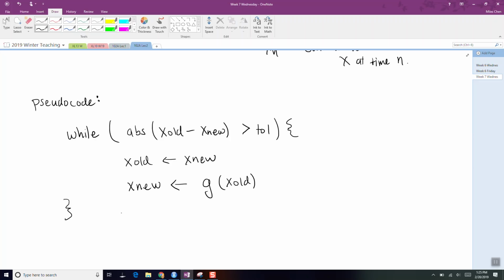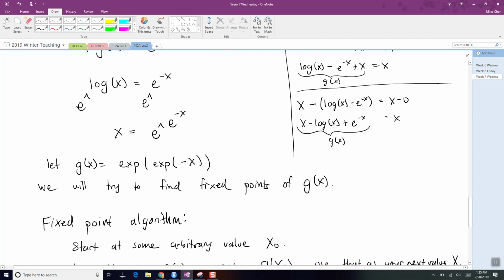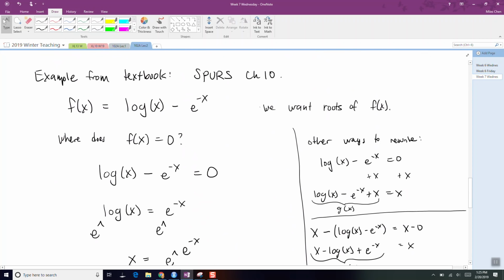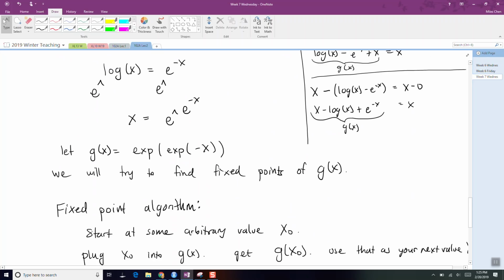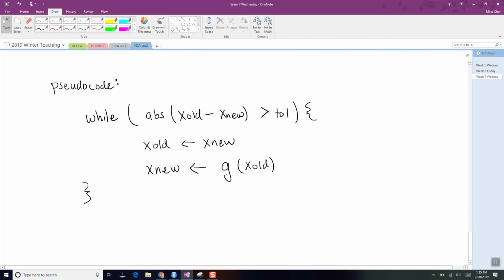So let me just kind of demonstrate this. All right, so we'll do this. Remember, we wanted to find fixed points of this f of x, log x minus e to the negative x, and what we've done is we've rewritten f of x into g of x equal to x. And so we're going to say g of x is equal to exp of negative x, okay, e to the e of negative x, and then we're going to set that equal to x, find that.